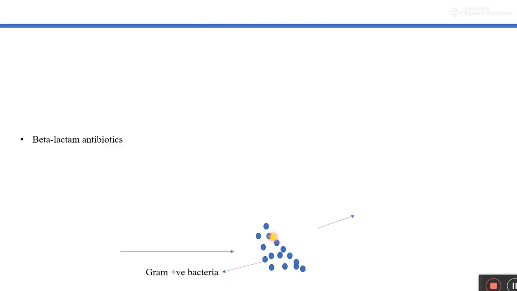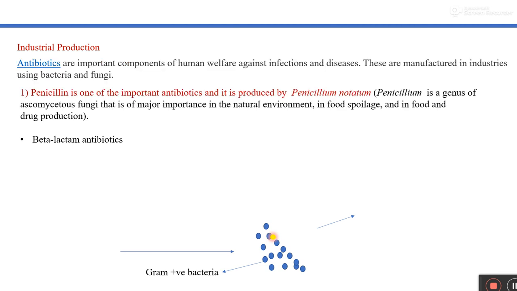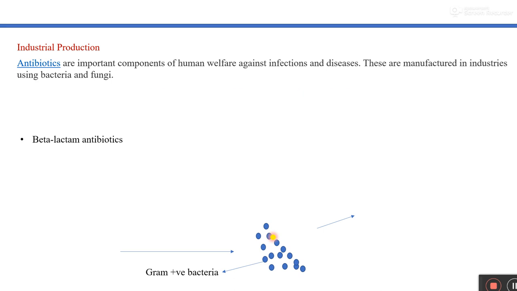Now I would like to talk about the bacteria which are generally useful for industrial food processing, or you can say industrial production. In this direction, antibiotics are an important component of human welfare against infection and diseases, and these are manufactured in industry using bacteria and fungi.